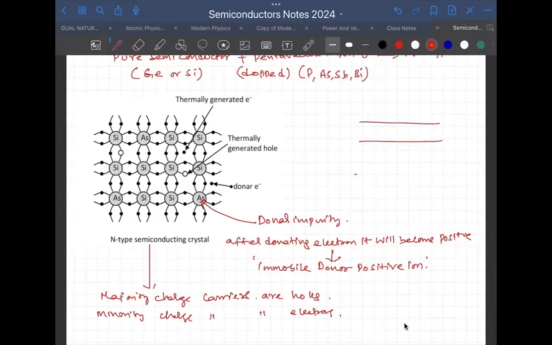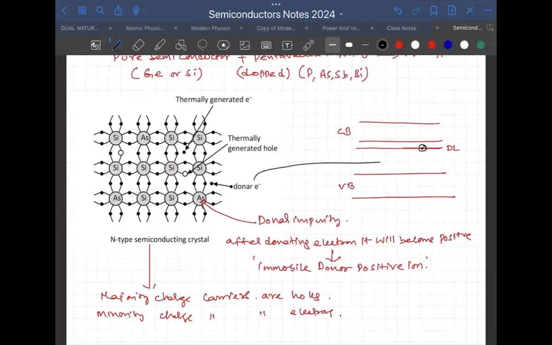Now, for example, you have valence band like this, conduction band like this. Now see, there is one extra level. This is called a donor level. Remember, this is the fifth electron. I'm speaking about this electron. This is close to the conduction band.